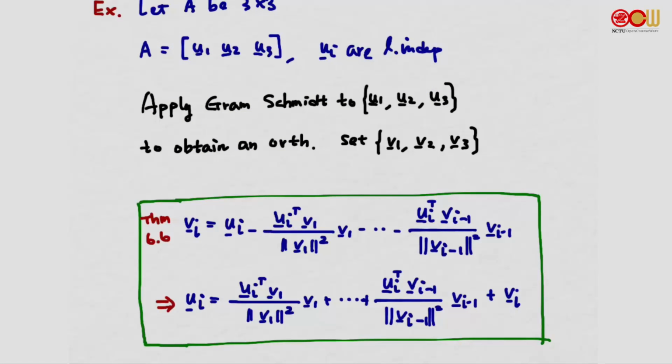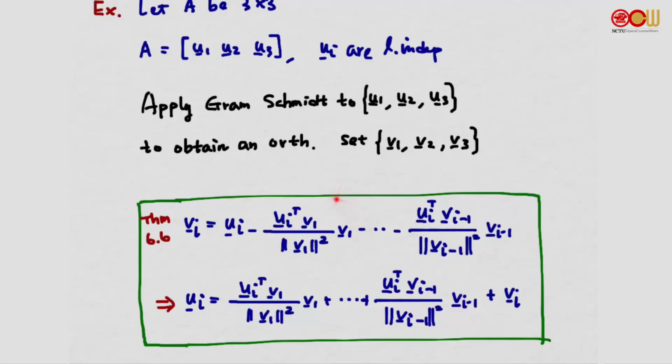According to theorem 6.6, vi vector is ui minus the orthogonal projection of ui on v1 and all the way to the orthogonal projection of ui on vi minus 1.